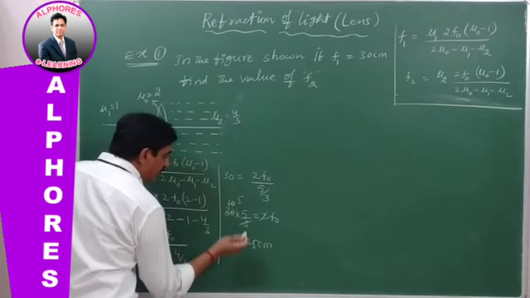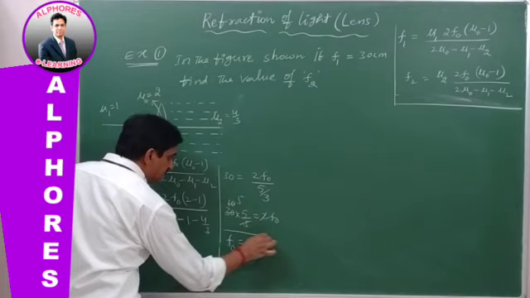So this is the focal length of the lens. Focal length of the lens is obtained.